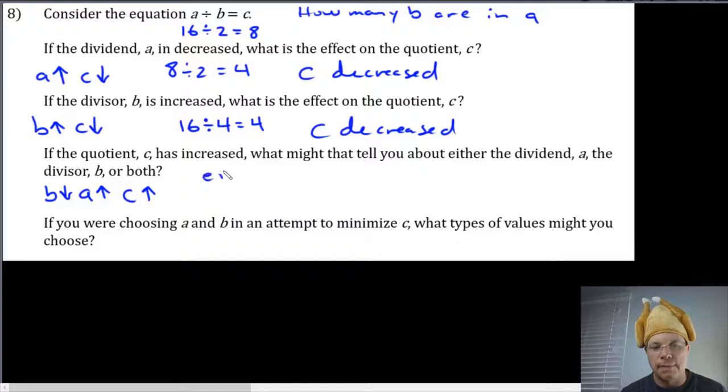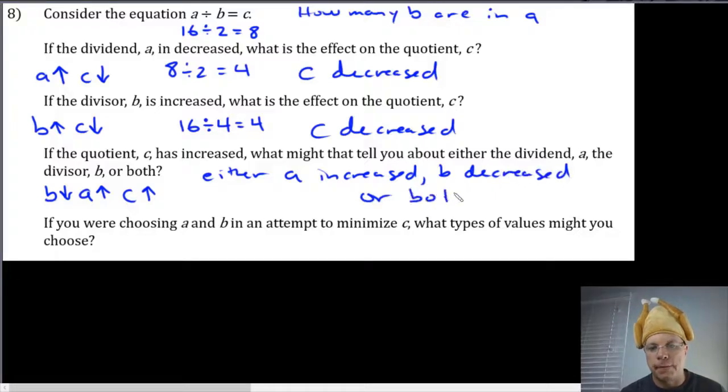So either A increased, B decreased, or both. Both A increased and B decreased.